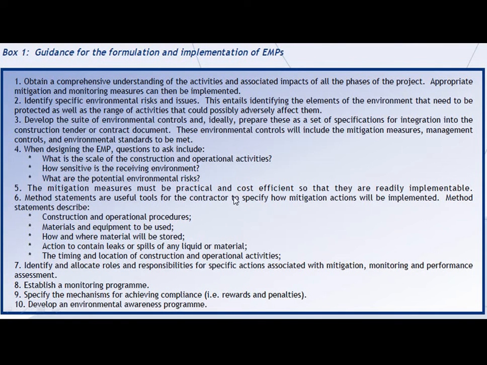So guidelines for formulation and implementation of EMP, you can go through that. How do you formulate it? What guidance is there to obtain a comprehensive understanding? Identify specific environmental risk issues. Develop a suite of environmental controls. And when designing the EMP, the questions to ask: what type and scale of construction, what is the sensitivity, and the potential environmental risk, practical mitigation measures, and what are the method statements, the different construction and operation procedures, what materials and equipment are used, how and where the materials will be stored, action to contain leaks or spills and all things, the timing and location of construction.